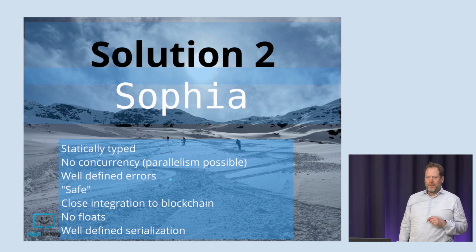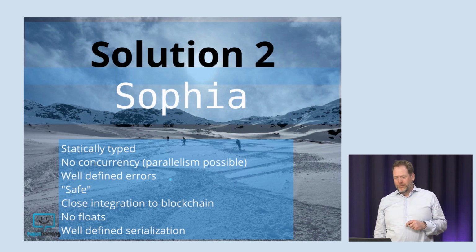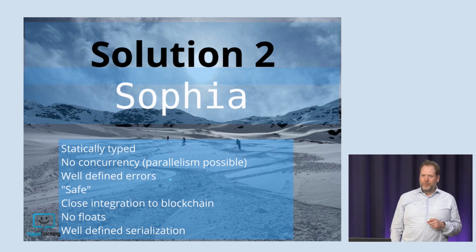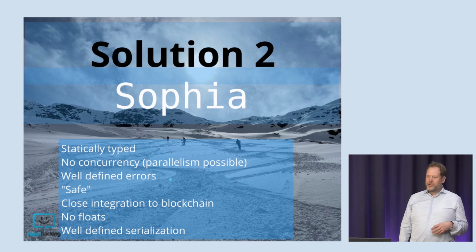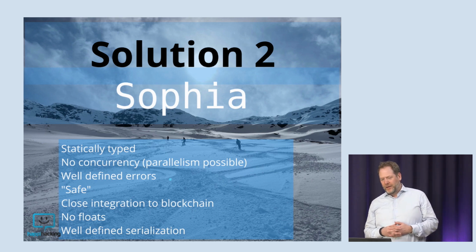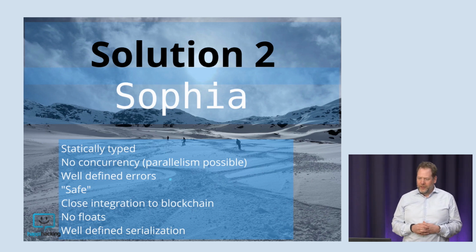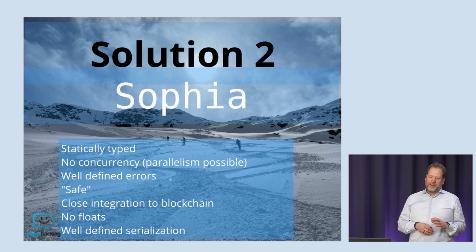For the other problem, writing safe contracts for a blockchain, we came up with a new language called Sophia, which is statically typed. It has no concurrency, but it's possible to run several Sophia contracts in parallel, with some thoughts on how to do that, as long as they are not touching the same part of the blockchain. It has very well-defined errors, and it's safe.